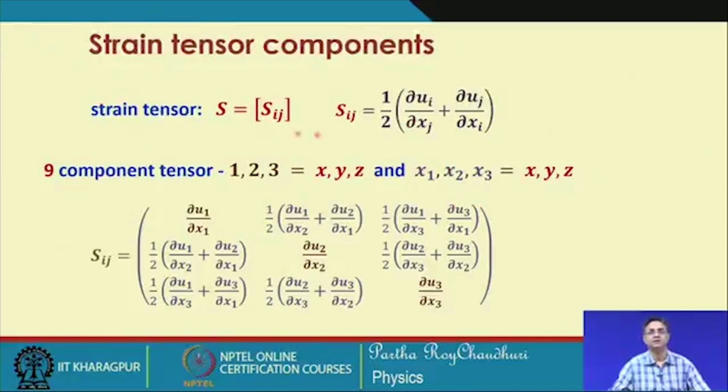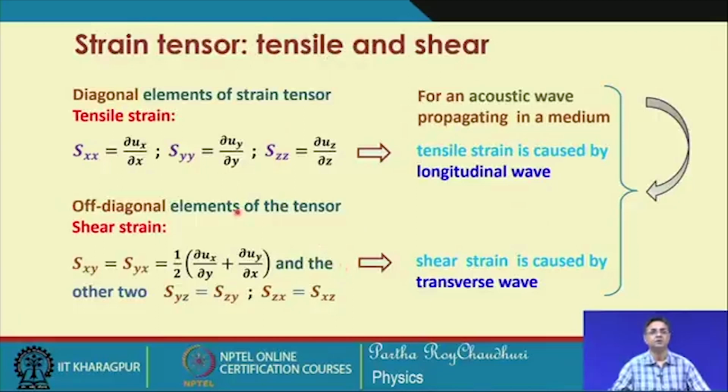So, the strain tensor, explicitly writing all the components, can be written as del u1 del x1 plus del u1 del x1, half of that. So, that is put together, it gives you this. The diagonal elements correspond to the normal strain, whereas the off-diagonal elements correspond to the shear strain. So, how do these S_ij come into the picture in the case of acoustic waves?